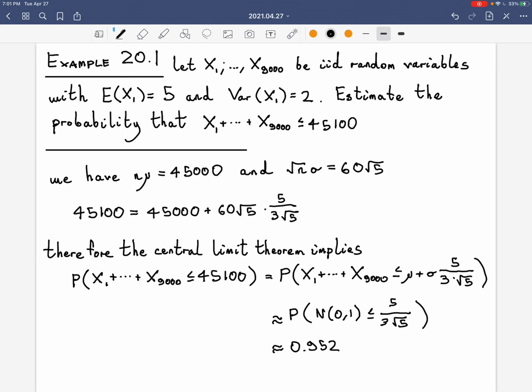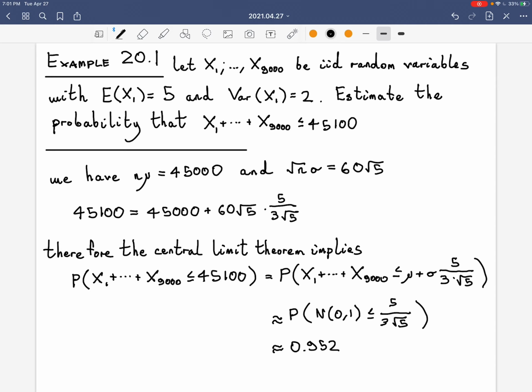So you probably have a sense that these calculations we were doing with the de Moivre-Laplace theorem are by far the most detailed calculations that we were doing in this course.